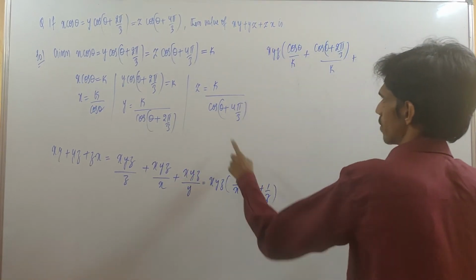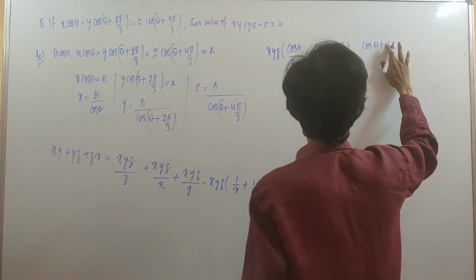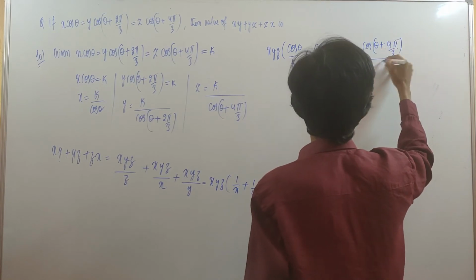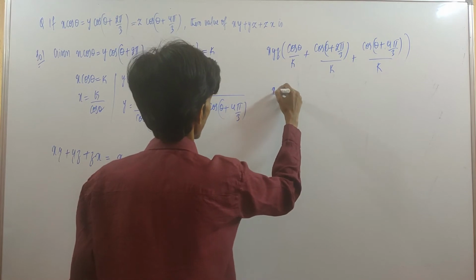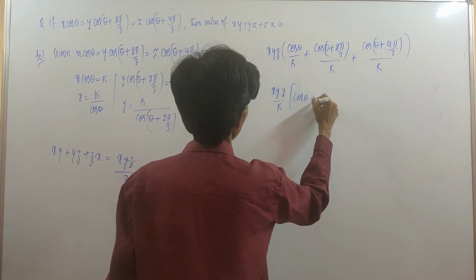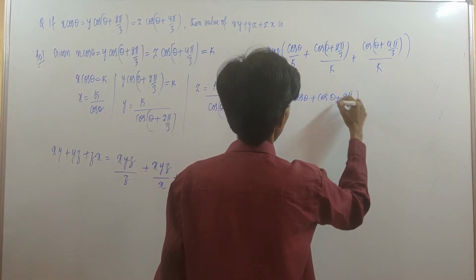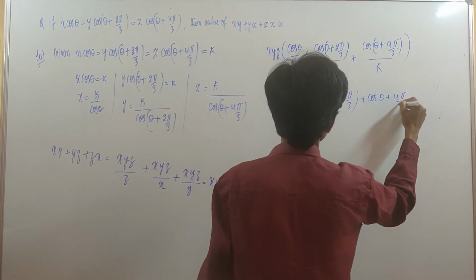Plus the z value: 1 by z means cos(theta plus 4 pi by 3) divided by k. Now take k common. We have xyz divided by k, times cos theta plus cos(theta plus 2 pi by 3) plus cos(theta plus 4 pi by 3).